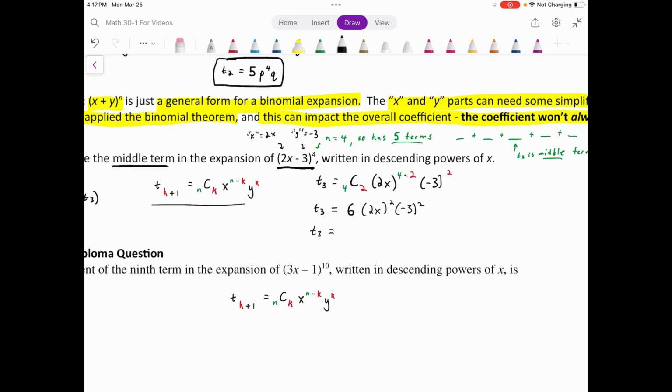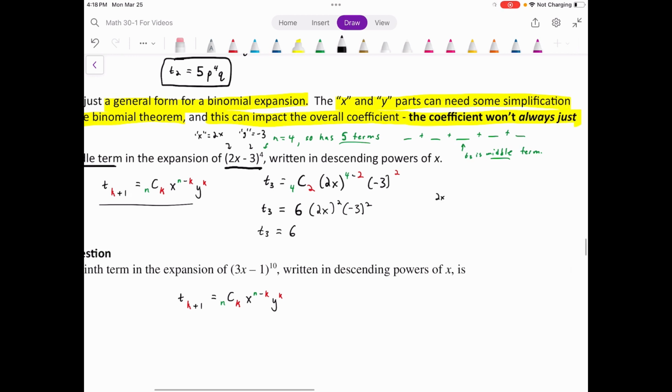So this will be 6 times (2x) squared. Be careful, that's 2x times 2x. So we can simplify this a bit. 2 times 2 is 4, and the x times x part will give us x squared. So this is 6 times 4x squared, and (-3) squared, that's -3 times -3, which is +9.